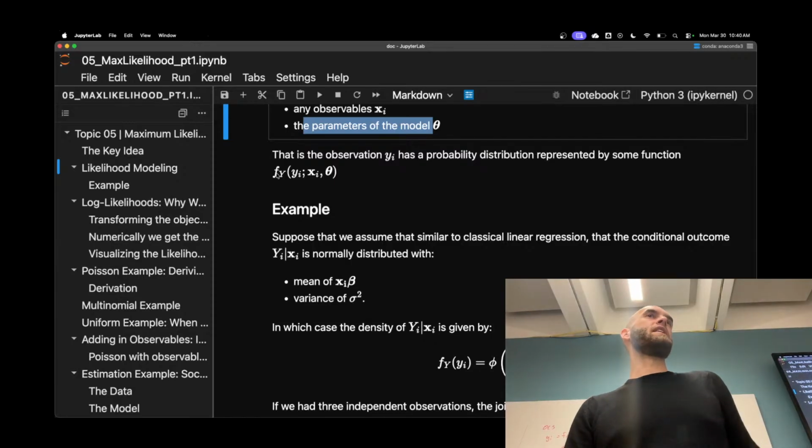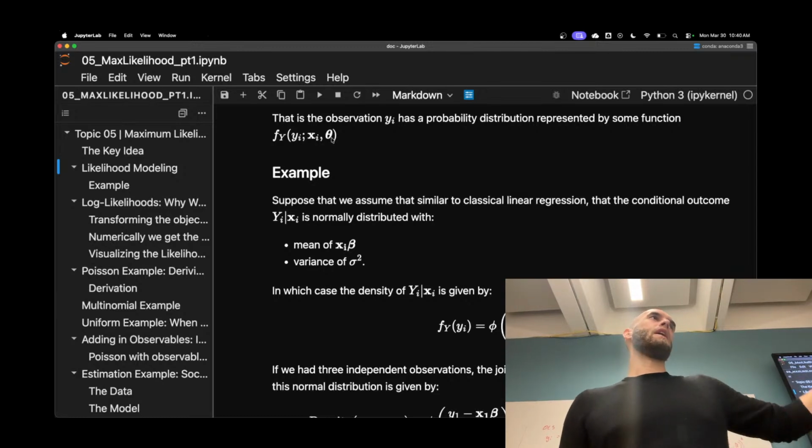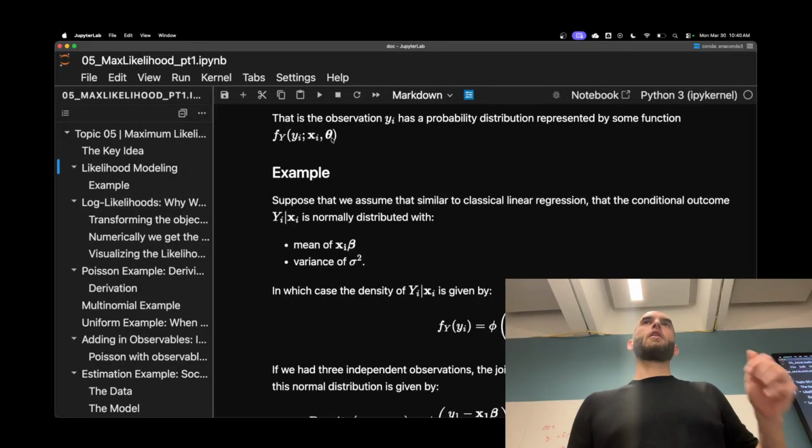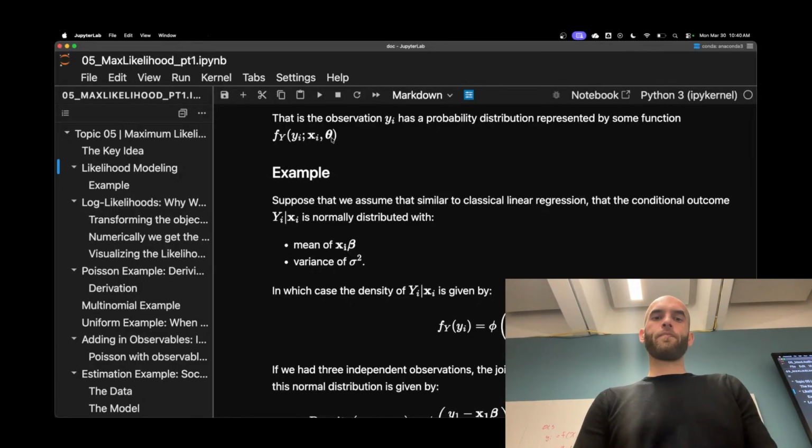Fy is just the data generating process that generates y, and then xi is the observable input data, and then theta is just the vector of parameter values. Here you can sort of think of thetas as our beta parameters in nonlinear least squares. Like all we're doing is really just tuning the function.